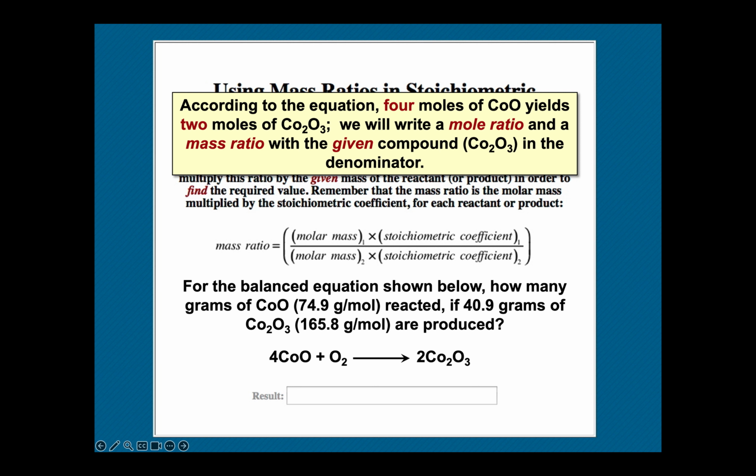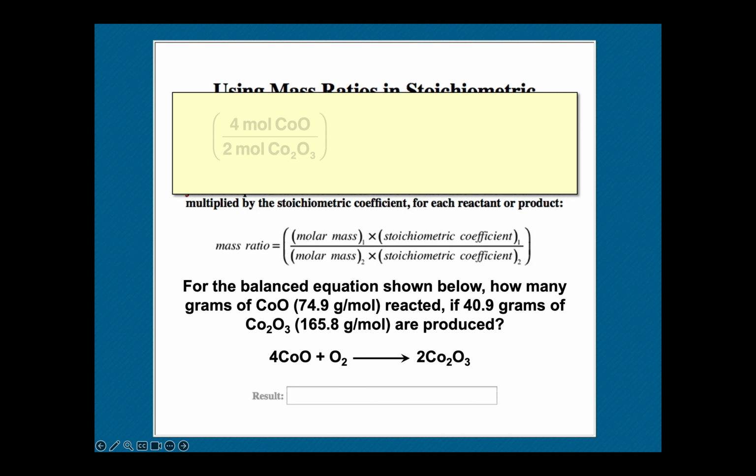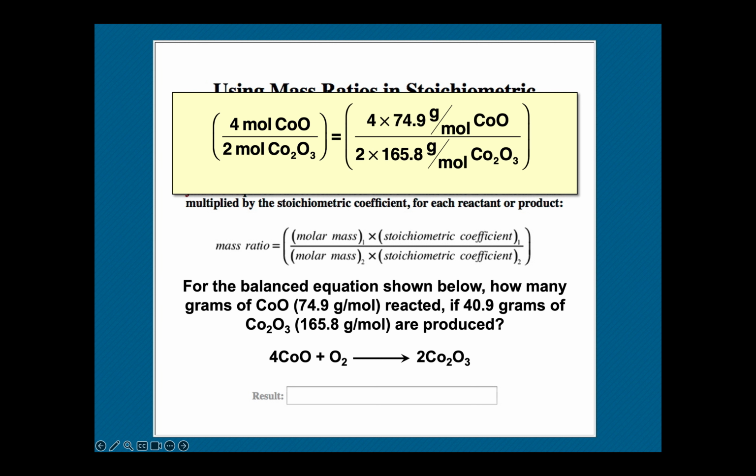Write the mole ratio and a mass ratio and work from there. So, to get our mass ratio, we start with the stoichiometric ratio, 4 to 2. We are given molar masses, so this will be 4 times 74.9, 2 times 166.